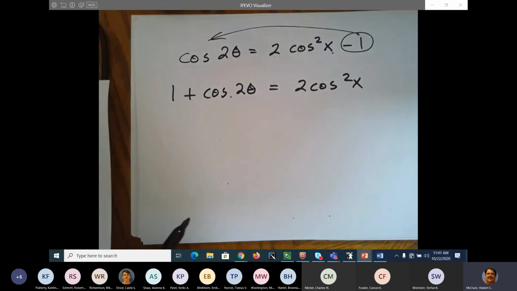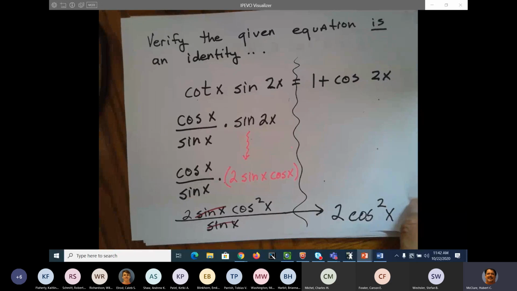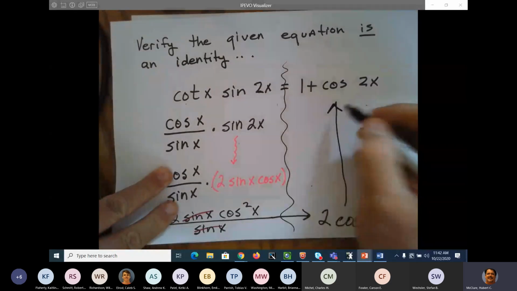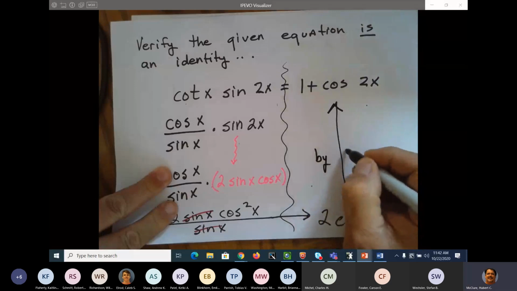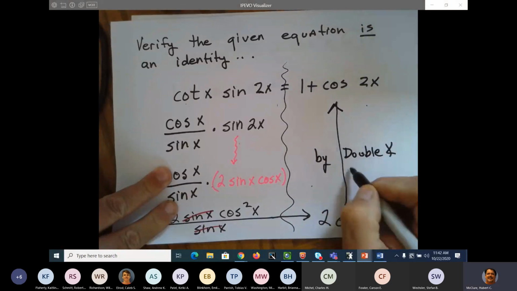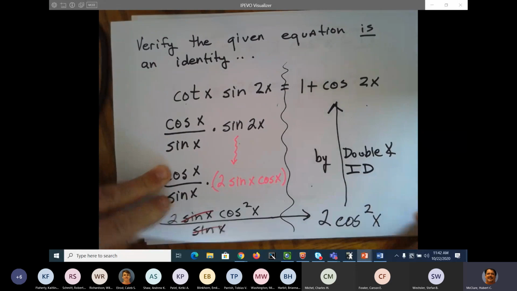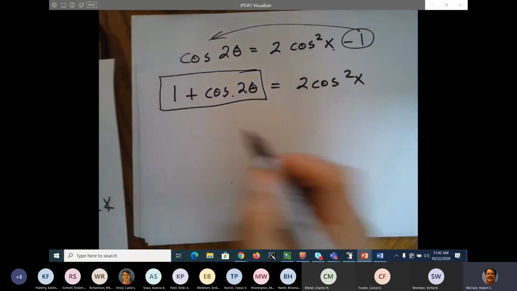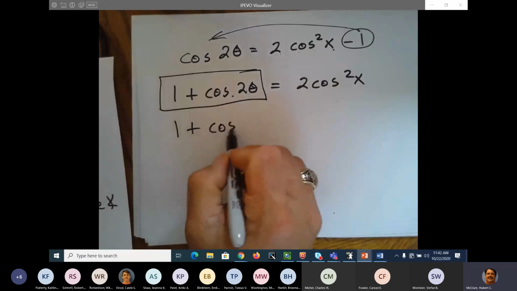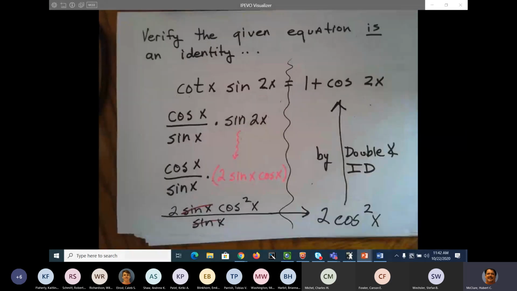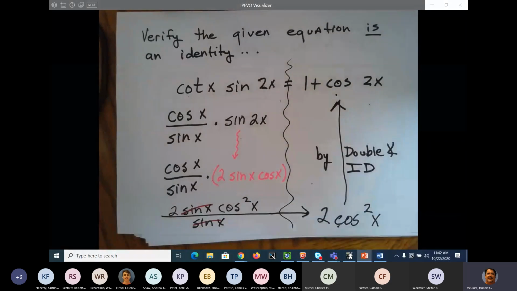Well, we've got 2 cosine squared of x. So 2 cosine squared of x is equal to, by the double angle identity, which is right here, 1 plus cosine of 2x. You could say that. That is equal to that.